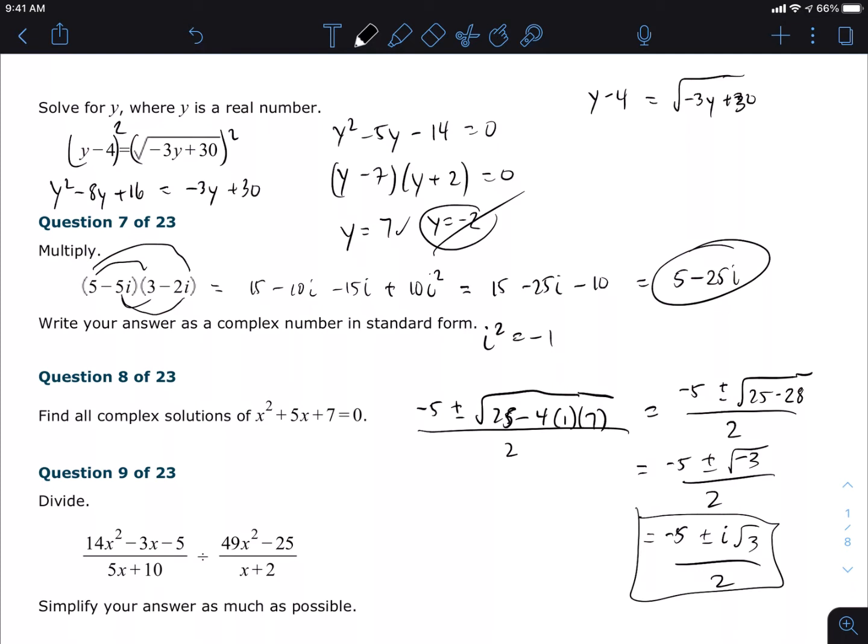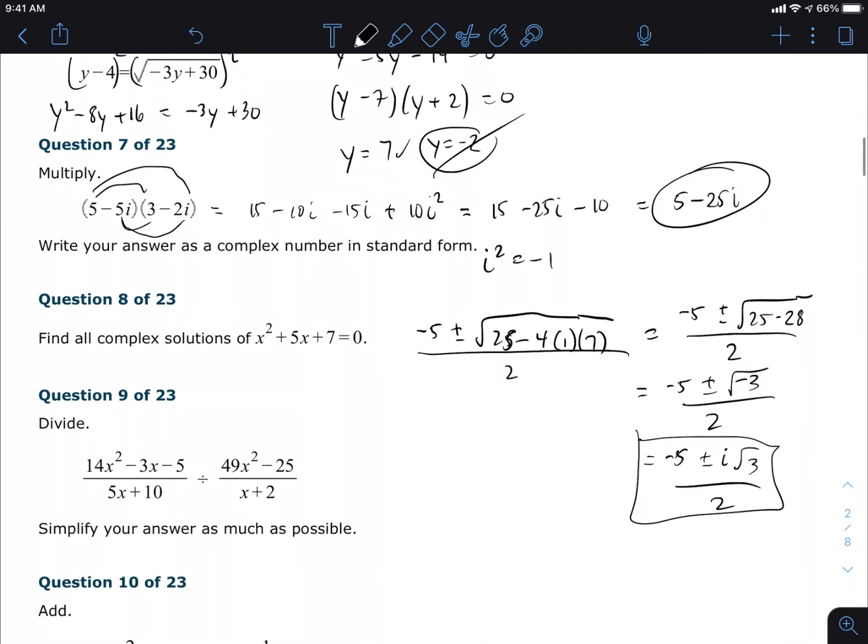Okay, next one. We're going to try to factor and see what we can do. And so in the numerator, I think we're going to be able to go 7x and x, and I think it's going to be 5 and 1. I needed 2, yes, because 7 times 2.